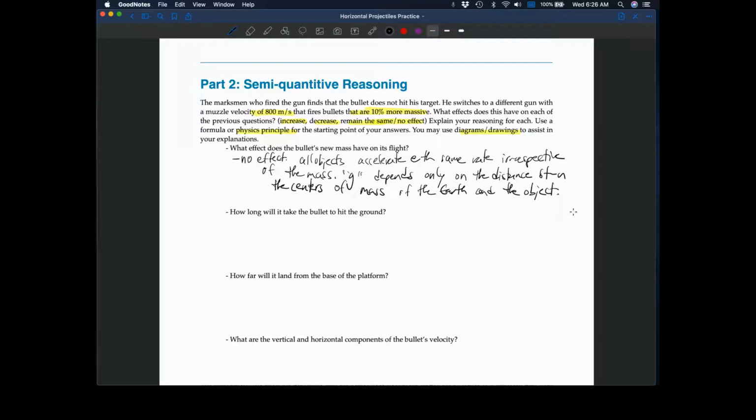So how long will it take the bullet to hit the ground? It will take the same amount of time. We've already spoken about the mass.